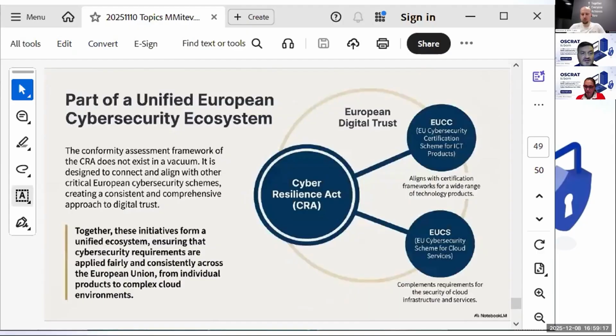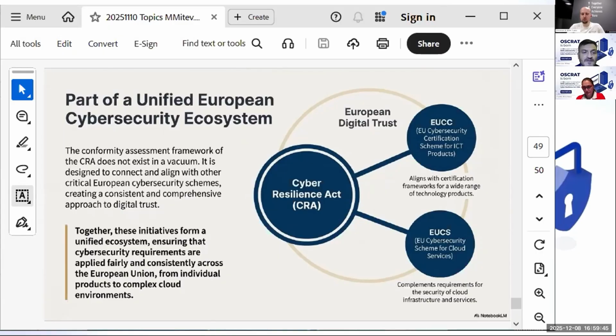The final slide shows how the CRA fits into the wider European cybersecurity ecosystem. The CRA does not exist alone. It connects with other important certification schemes such as EUCC for ICT products and EUCS for cloud services.